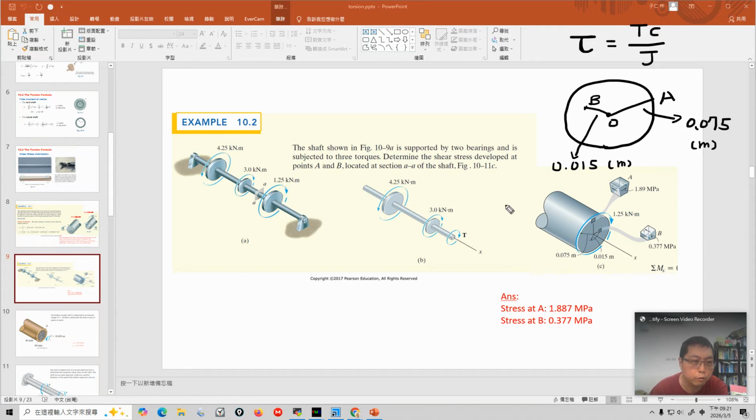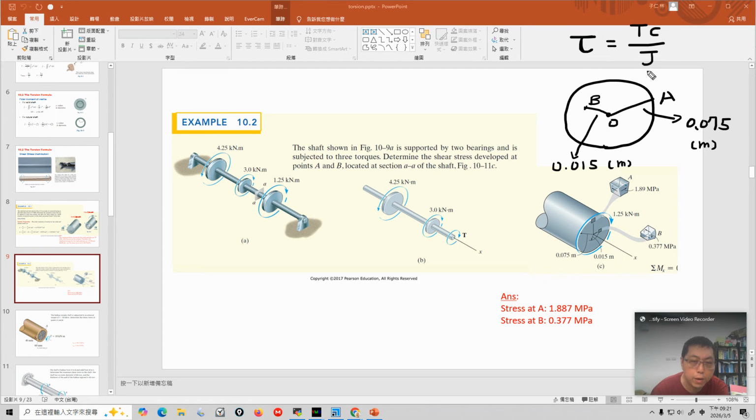We want to calculate the shear stress at this AA cross section. We need to know the torque at the AA section, and the position: at A, c is equal to 0.075, and at B, c is equal to 0.015.